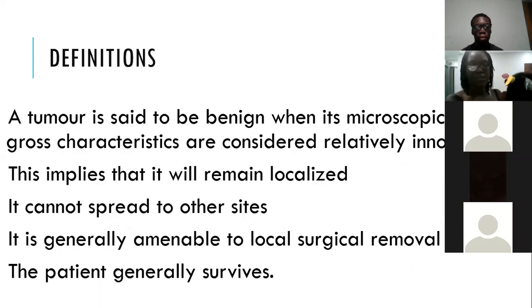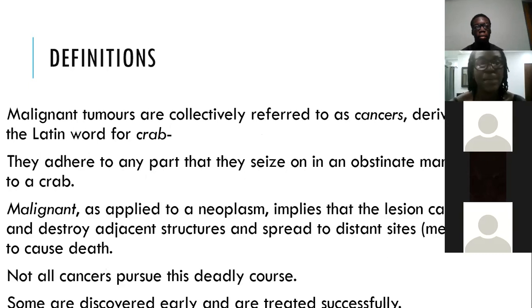So, what does a benign tumor mean? We say that the tumor is benign when it is relatively innocent. That means that it is localized, it doesn't spread, and it can easily be cured by surgery. You can take it out, and then generally the patient survives. When it is malignant, another term for that is cancer. Usually they stick to the tissues around them and infiltrate the tissue.